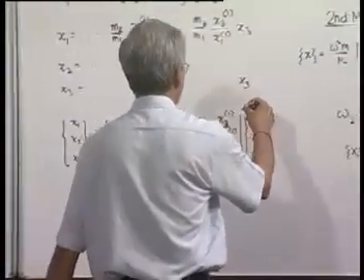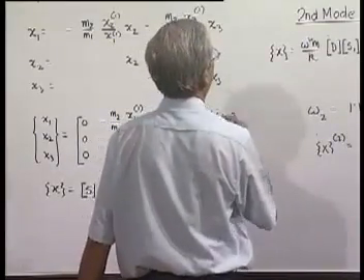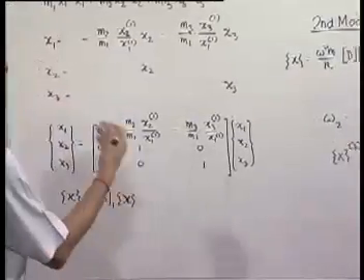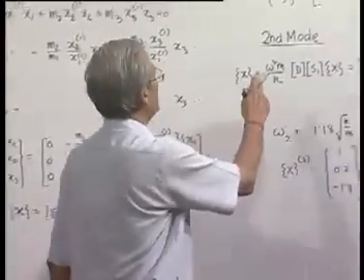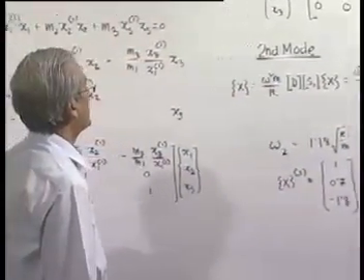So this is the sweeping matrix. When you multiply the sweeping matrix by this, you get this. If we use both the sweeping matrices, then that means C1 and C2 are 0.